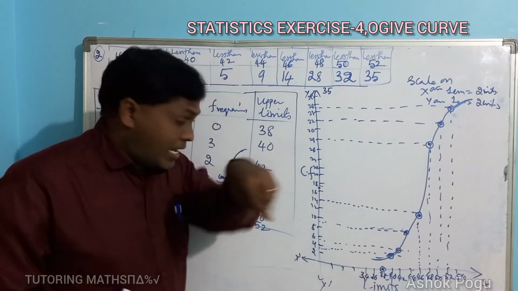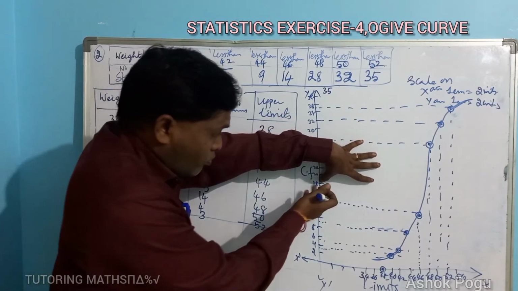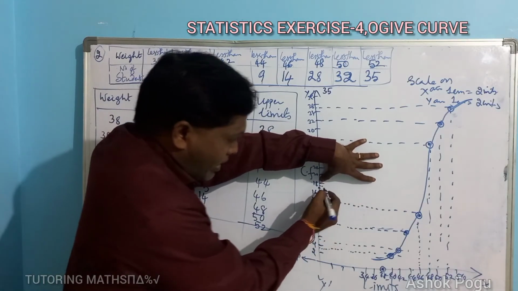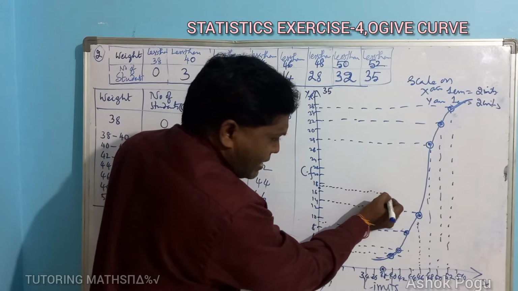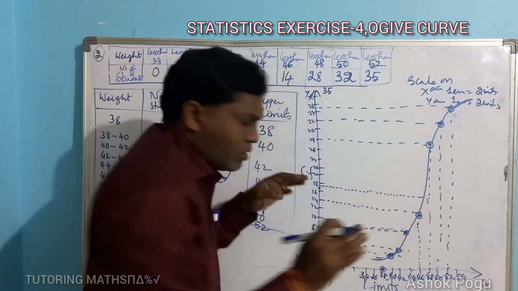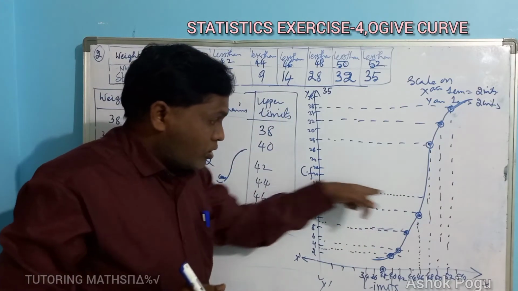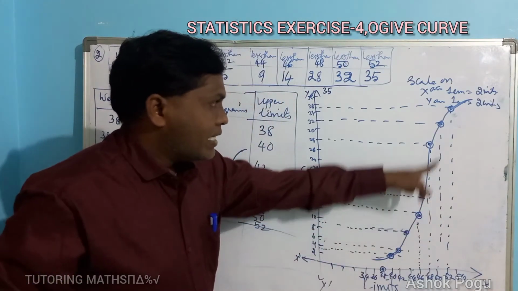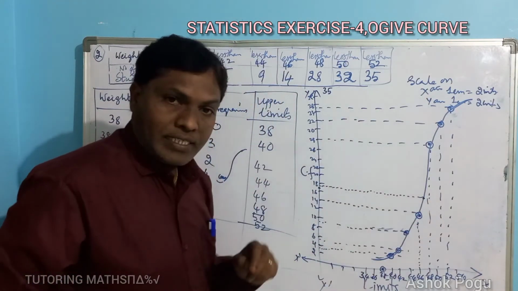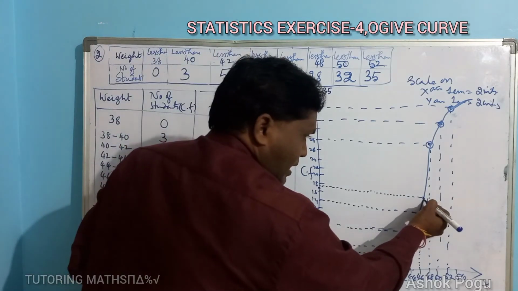With the help of a scale, you measure, you properly keep the scale, and lightly you draw one perpendicular dotted line here, and it is intersecting this Ogive curve at this place. But which place?